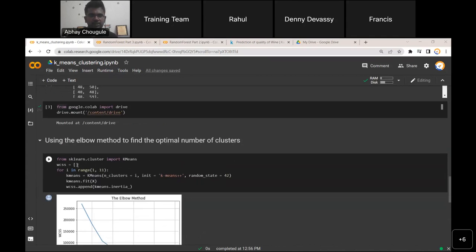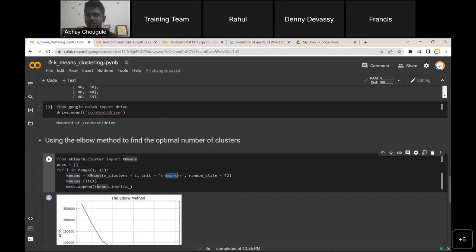You have to pass this formula, meaning for this clustering you have to create this list, and you can pass the data. kmeans equals KMeans clustering, init equals k-means++. This is a method for initializing the k-means clustering, and then random state, and then train on the x data. See, I have trained on the x data.